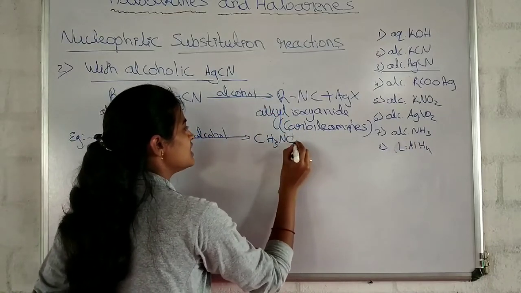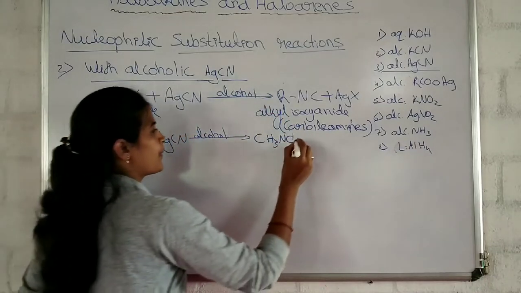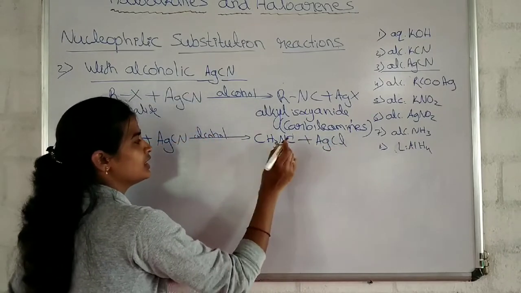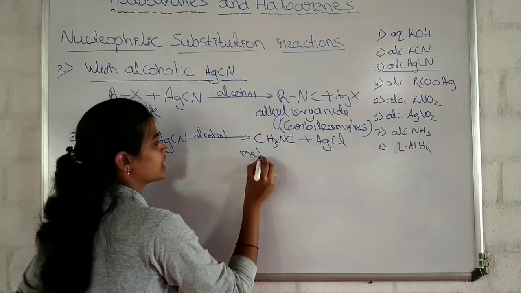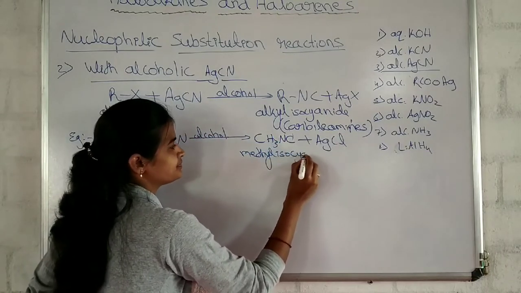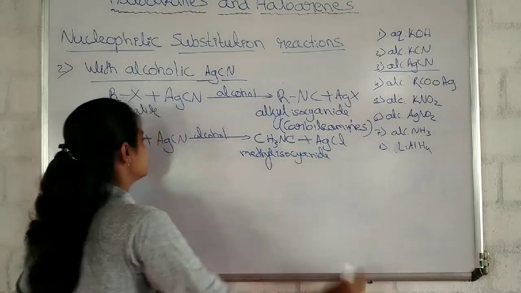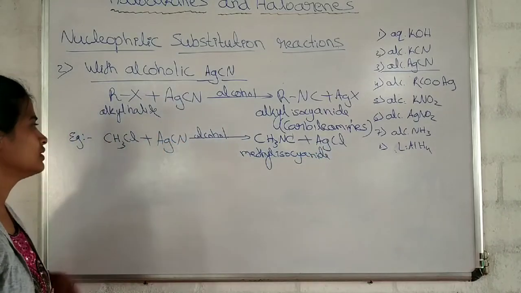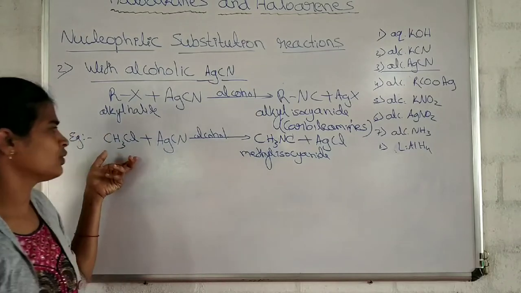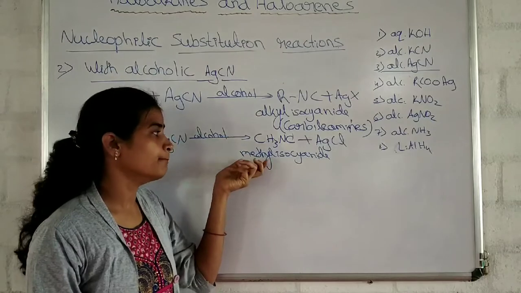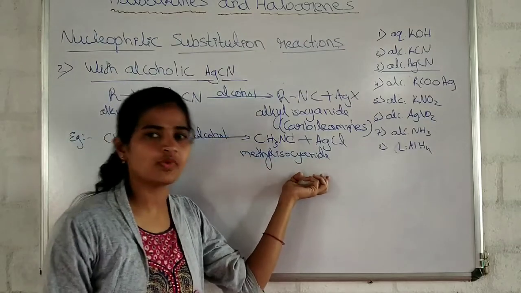Instead, CH3NC plus silver chloride precipitate. The name of this one is methyl isocyanide. Hope you are writing methyl chloride here every time. When methyl chloride is treated with silver cyanide in the presence of alcohol, methyl isocyanide is formed.